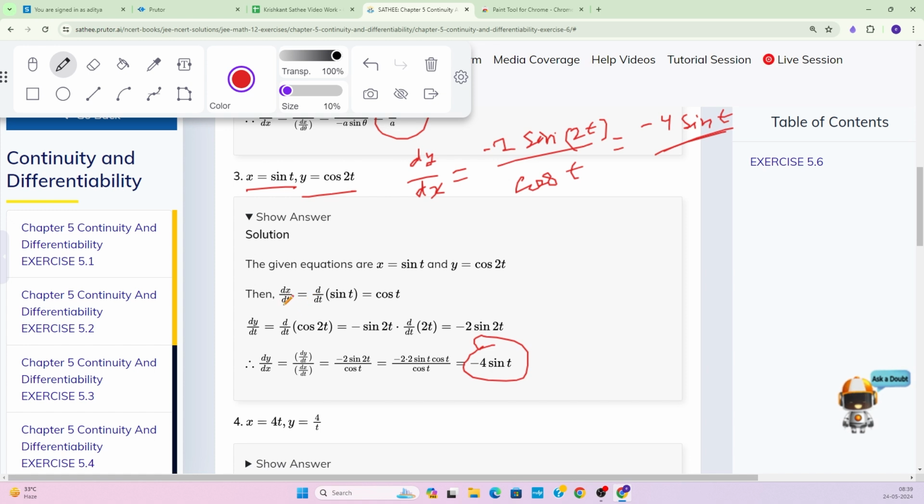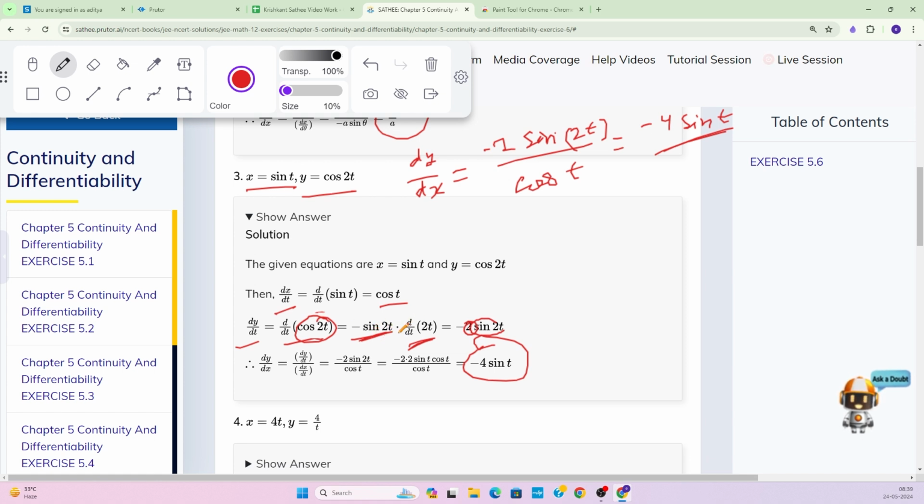So dx by dt will be cos t, and dy by dt will be this thing. First of all we have to differentiate this. This will give you 2, and differentiating cos 2t will give you minus sin 2t.